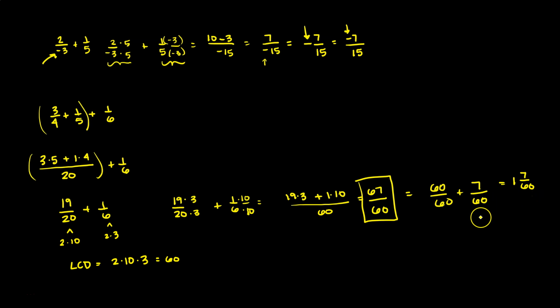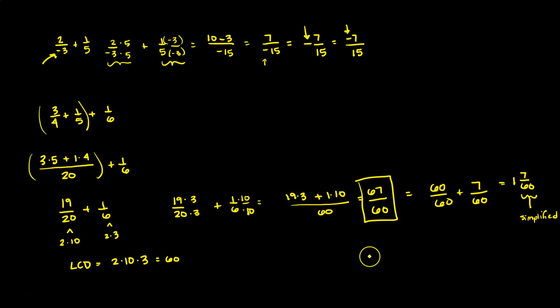When you do this process of converting to a mixed number, it's important to check that your fraction part is a proper fraction and that it is reduced. I know 7 over 60 is reduced because 7 is a prime number and 60 is not a multiple of 7, so they have no common divisors.